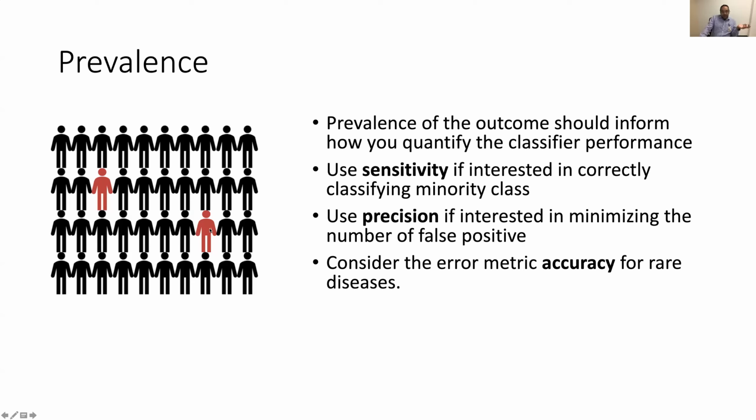I can make a predictor that always predicts negative, and it's going to be right 38 out of 40 times. That's pretty high, pretty good, right? So you don't want to use something like accuracy when you have an imbalance.